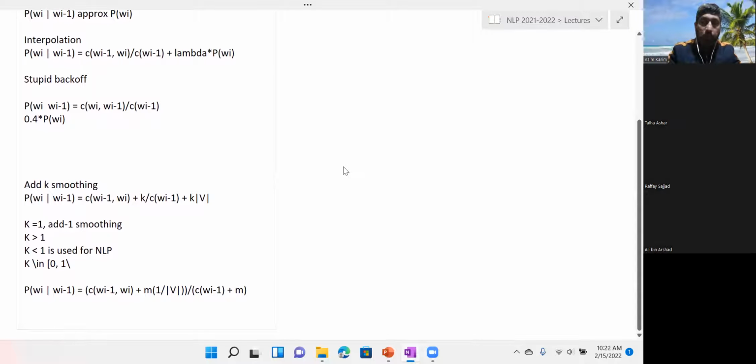If each word occurs uniformly, then the probability for that word is basically 1 over V, the vocabulary size.